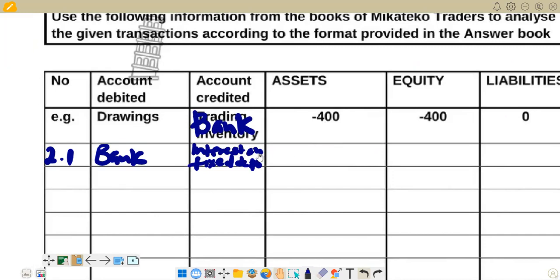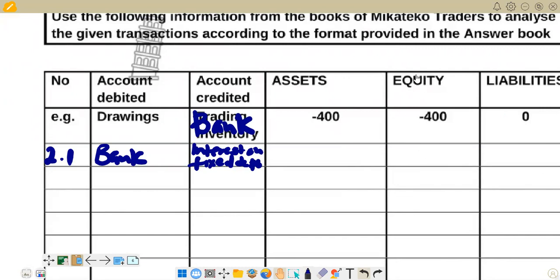And the interest on fixed deposit, remember, we adjust it in the income statement. When we get our gross profit, we add other income. When we say other income, that's where we put our interest on fixed deposit as one of the incomes. So it's going to increase our net profit. And net profit affects equity. It's part of equity.